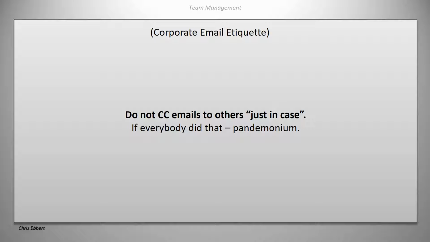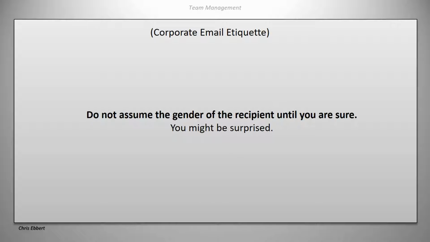So I would not do that unless you have very good reason to include someone. If somebody writes to you for the first time and you don't know what their gender is, try not to guess. It's probably better to just write whatever you're writing to them in a neutral way, not using any gender specific words until you know.